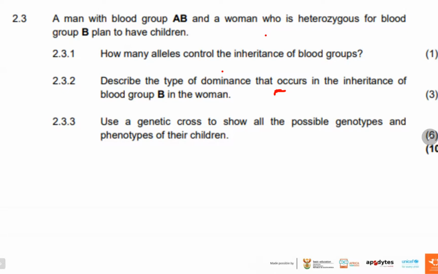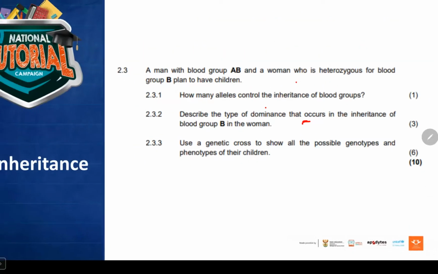So that means this woman has B and something else for her blood group. Now the question is, is it BB or is it BO? And that would obviously tell us if it's complete or incomplete dominance. But they told us in the question, this woman is heterozygous. So that means the alleles are different. So her genotype needs to be BO.